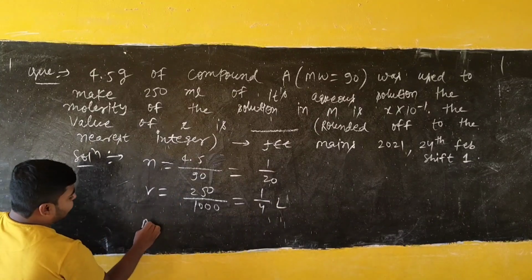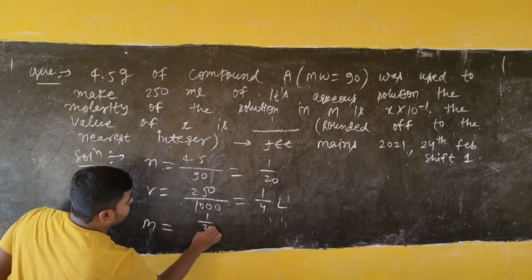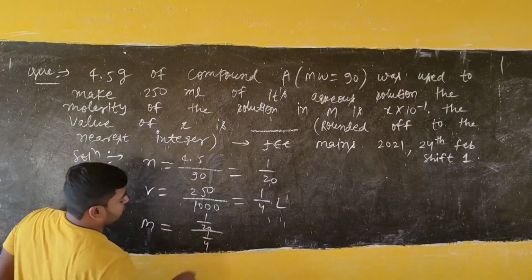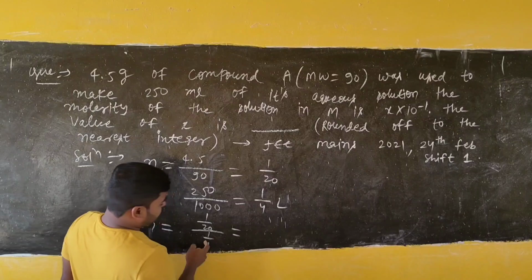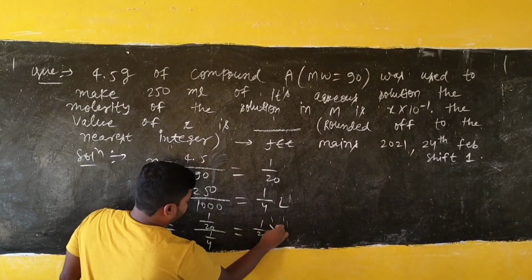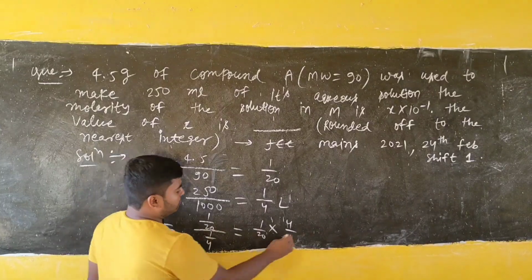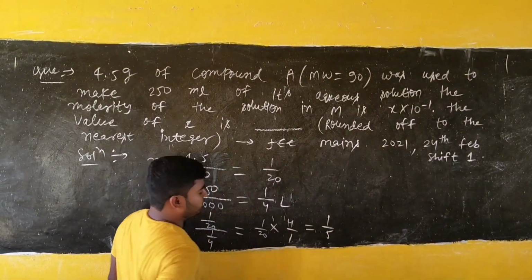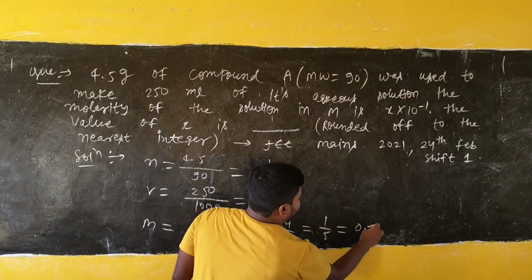Now molarity is moles of solute by volume of solution, so 1 by 20 divided by 1 by 4. This becomes 1 by 20 into 4 by 1, which is 1 by 5, nothing but 0.2.